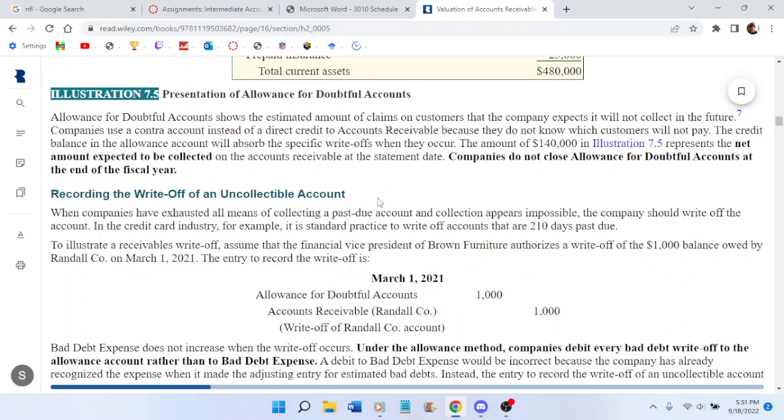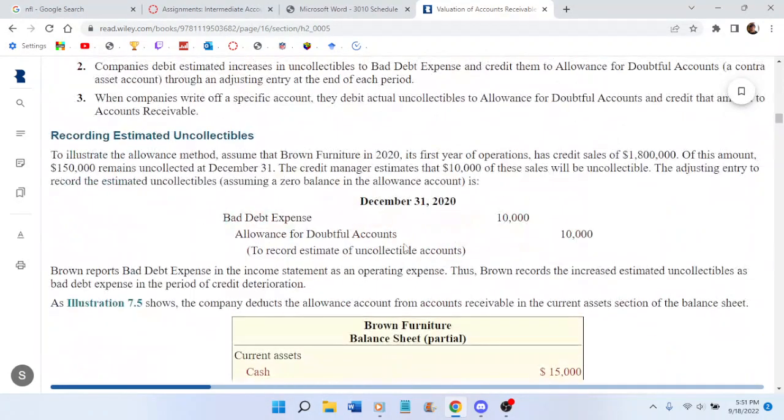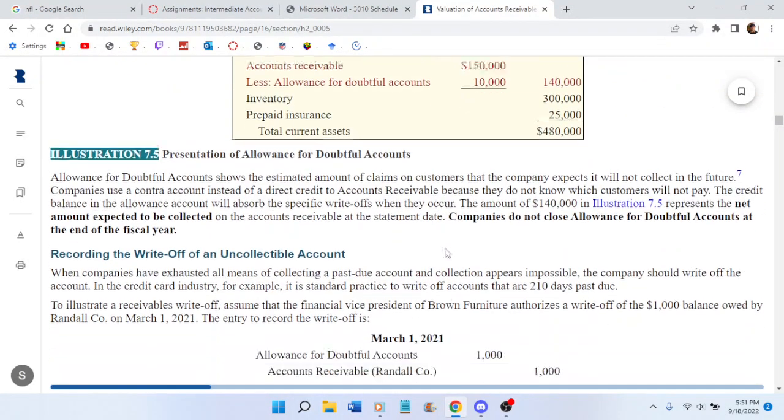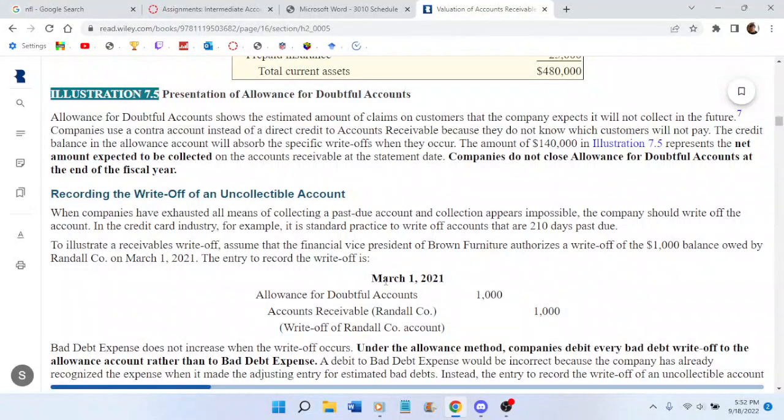The allowance for doubtful accounts goes from 10,000 and decreases to 9,000. It decreases, and the accounts receivable is credited. That means it's decreased. They both get decreased by 1,000.